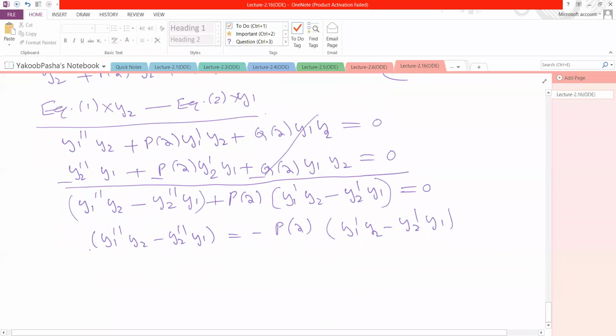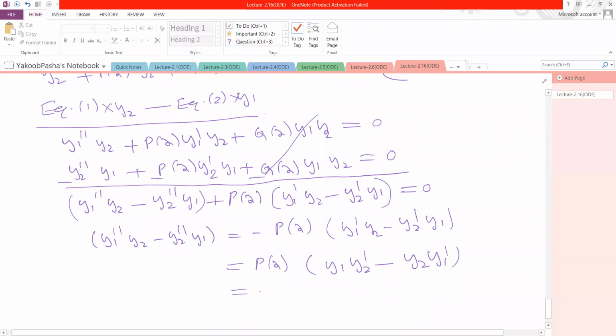So we can take this as y1 double dash y2 minus y2 double dash y1, no need of bracket here. This is equal to, we can write P of x into this, as we are multiplying with minus, y1 y2 dash minus y2 y1 dash. This is the same, I am writing, no need to write again and again.